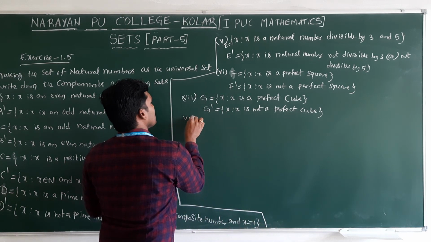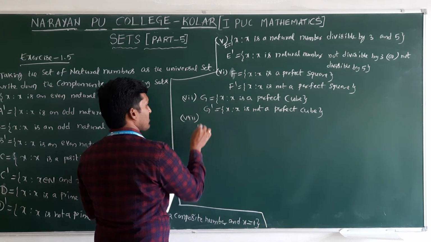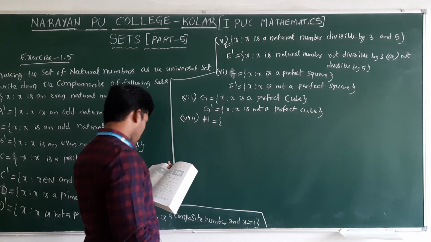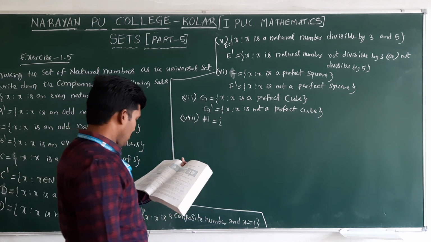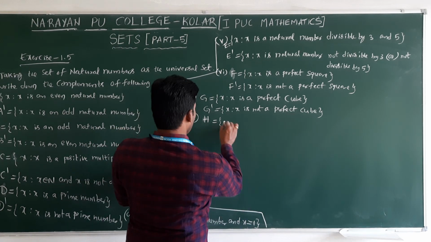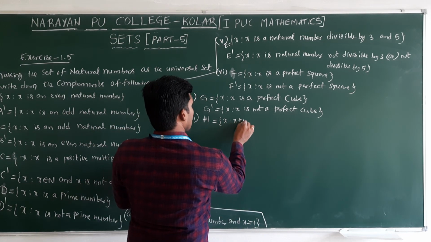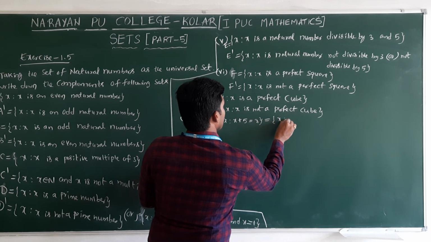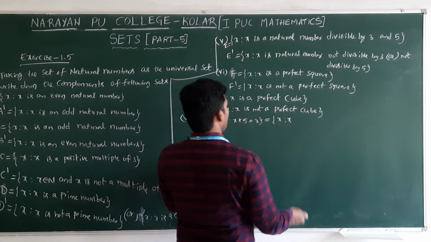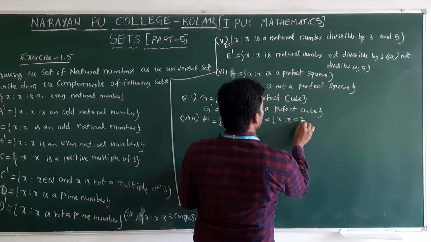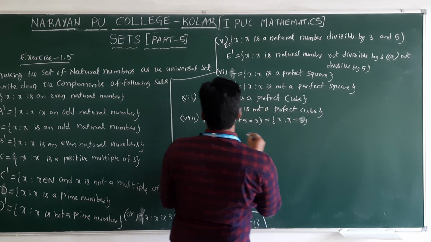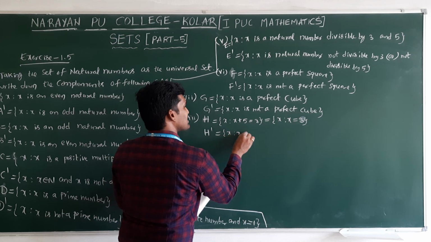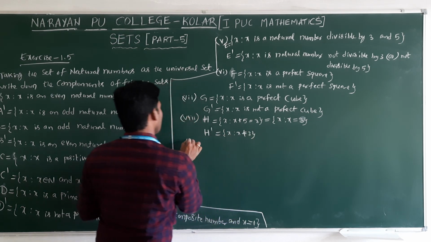Next, eighth one is given: x such that x plus 5 equal to 8. If you simplify this, what will you get? x such that, 5 sent to the right side, x equal to 3. For this complement, H dash, x such that x is not equal to 3. Simple.